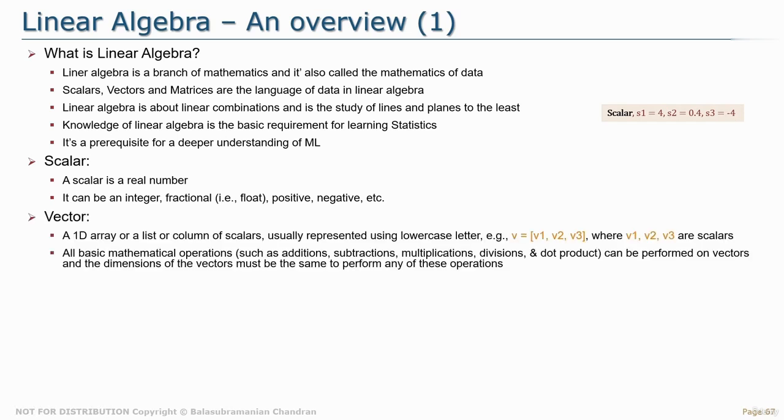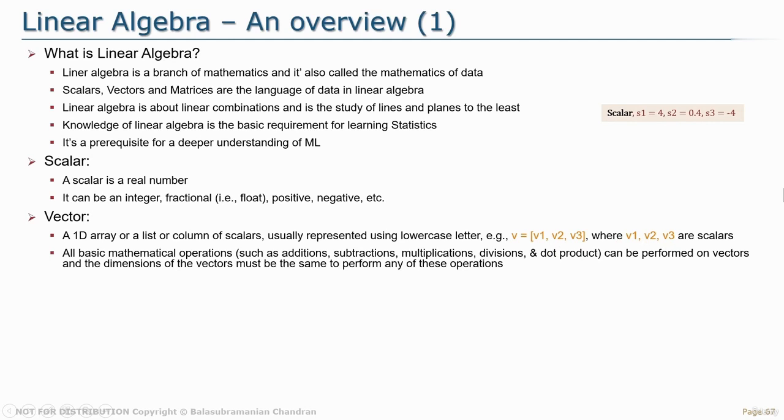Vector. A one-dimensional array, or a list or a column of scalars, usually represented using lowercase letters. Example, V equals V1, V2, V3, where V1, V2, and V3 are scalars.